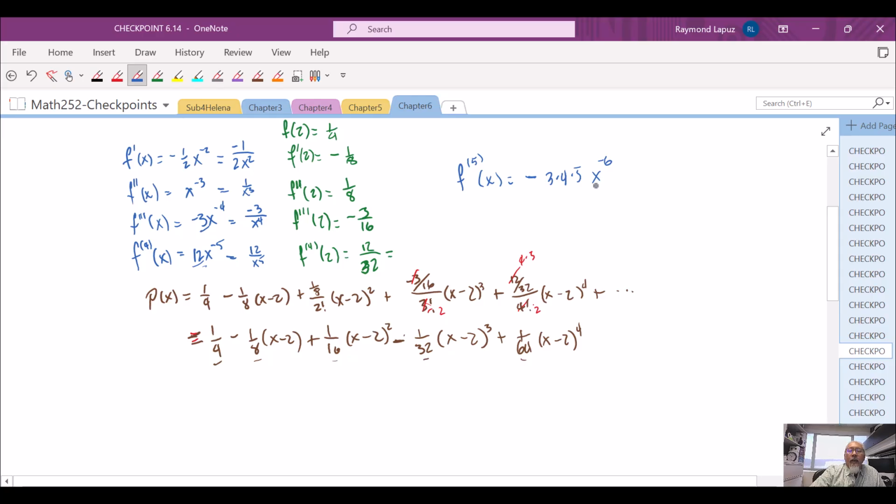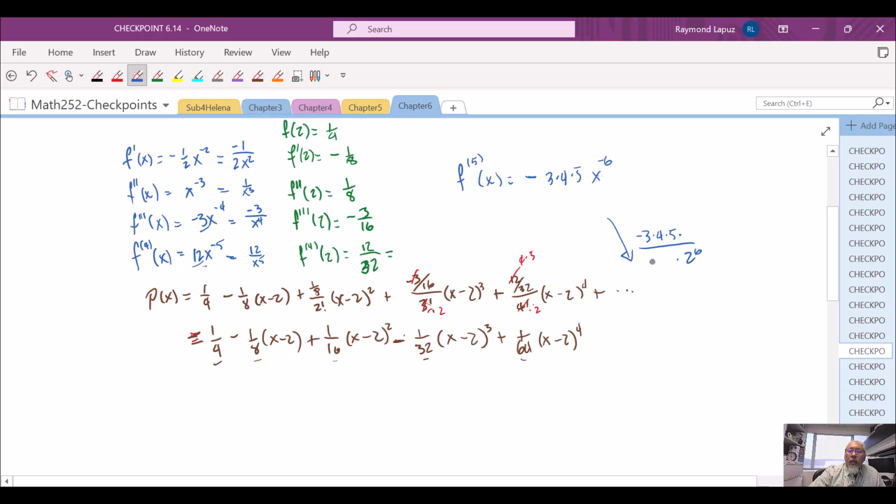Okay, and then when we put that into the formula, we're going to put a 2 in here. So this is going to be negative 3 times 4 times 5 times 2 to the negative 6. So actually this would be down in the denominator, 2 to the positive 6 power.